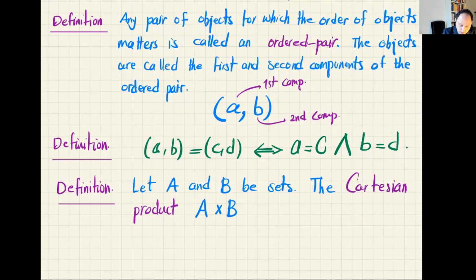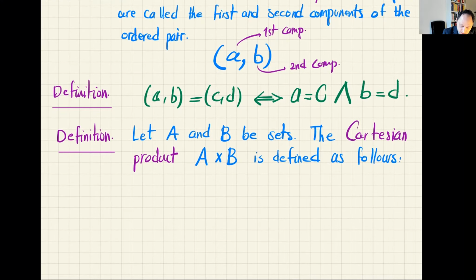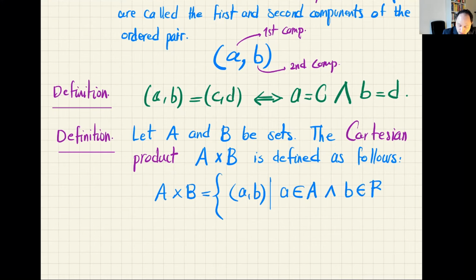The Cartesian product A cross B is defined as follows. A cross B is the set consisting of all ordered pairs for which the first component comes from the first set on the left and the second component is in the second set.